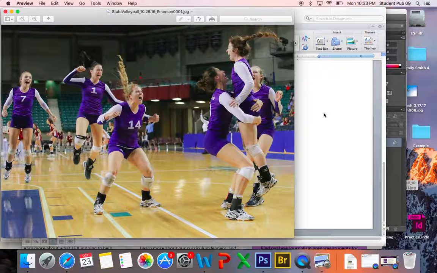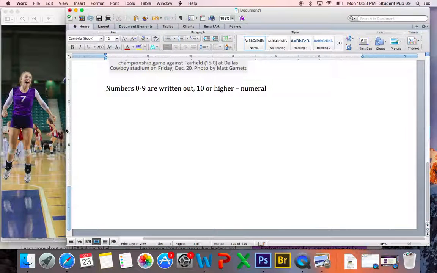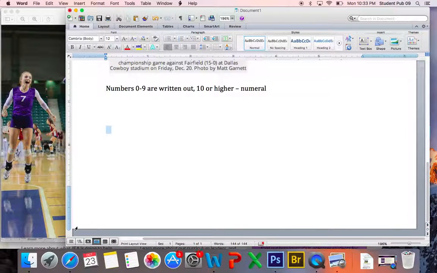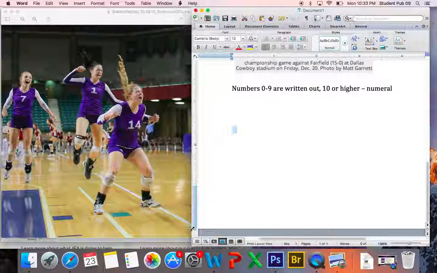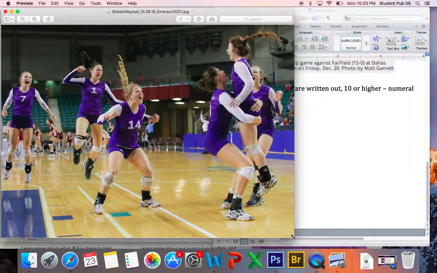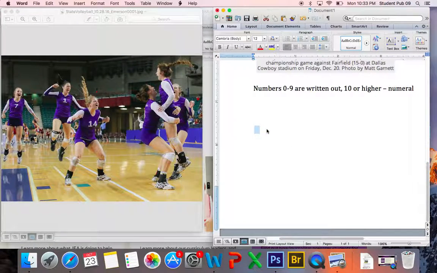So the first thing is we're going to write a present tense sentence. If I can resize this so we can see what's going on, I'm going to make this a little smaller. I want to do the who, the what, the when, the where, the why, and the how.